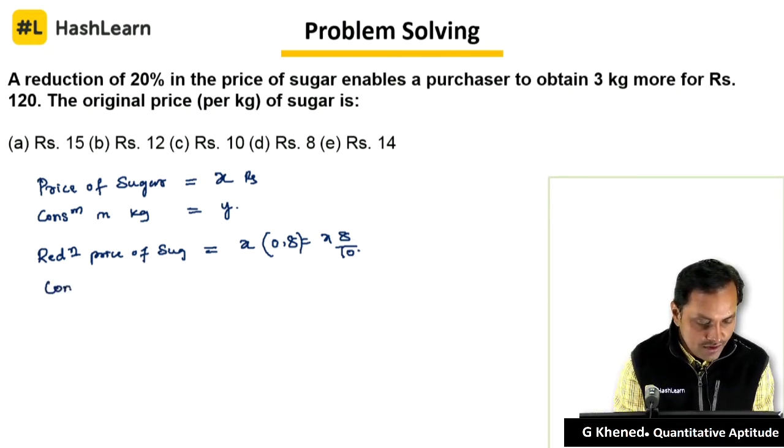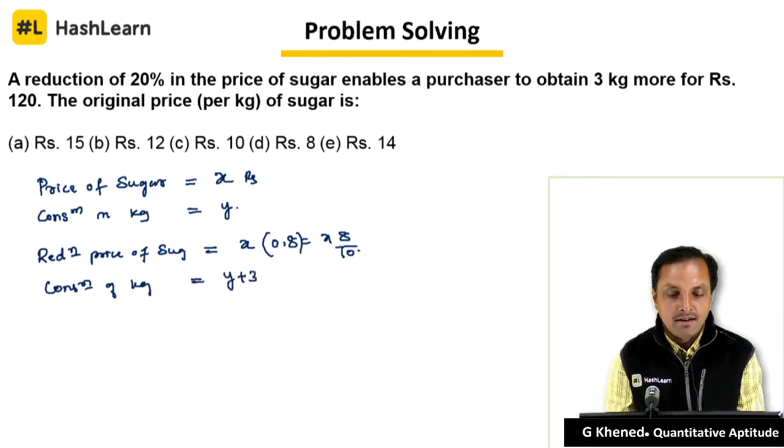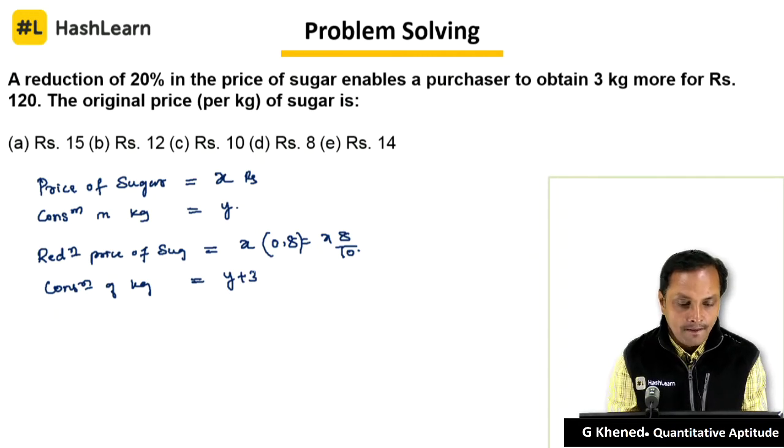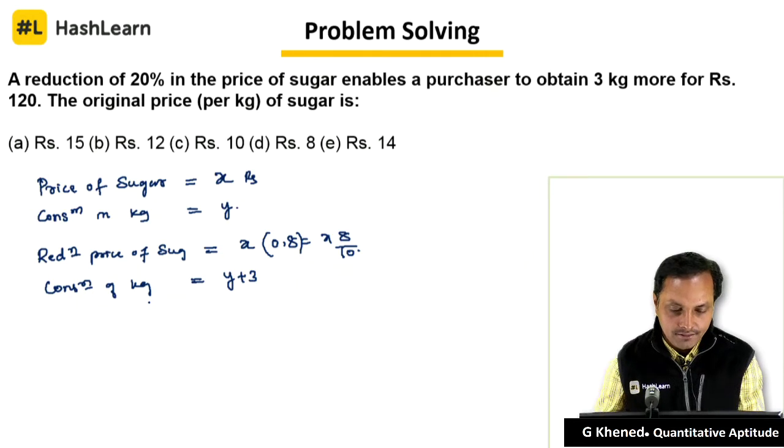What is the consumption in kg? That is going to become Y plus 3. What they have given is X into 8 by 10 is the price of the sugar, Y plus 3.